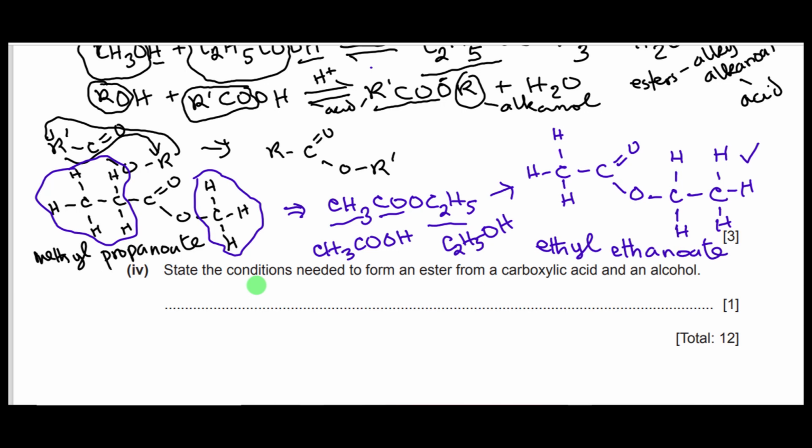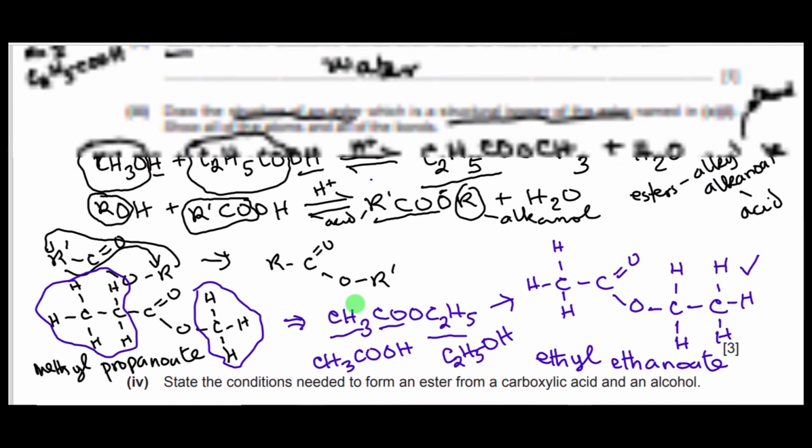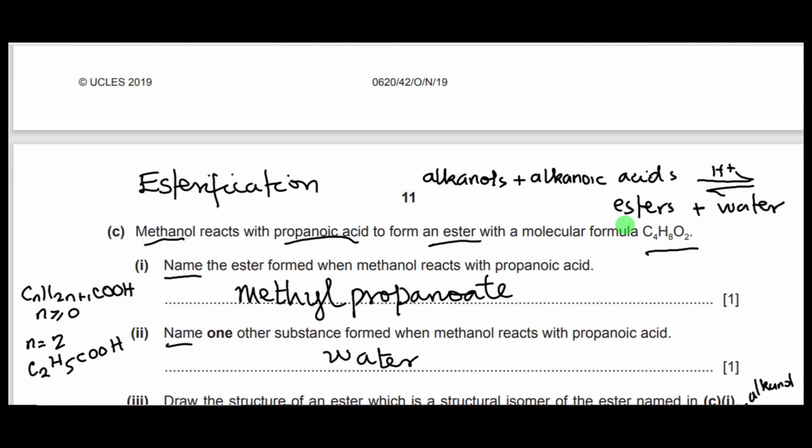from a carboxylic acid and an alkanol. What was the condition here? From what I wrote here, the reaction must be reversible, right? Which means that it must occur in a reflux or in a closed system for it to be reversible.